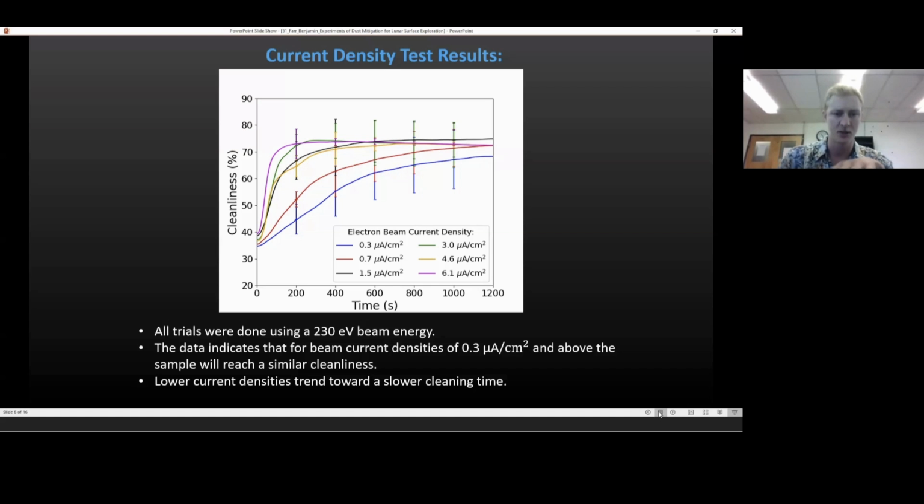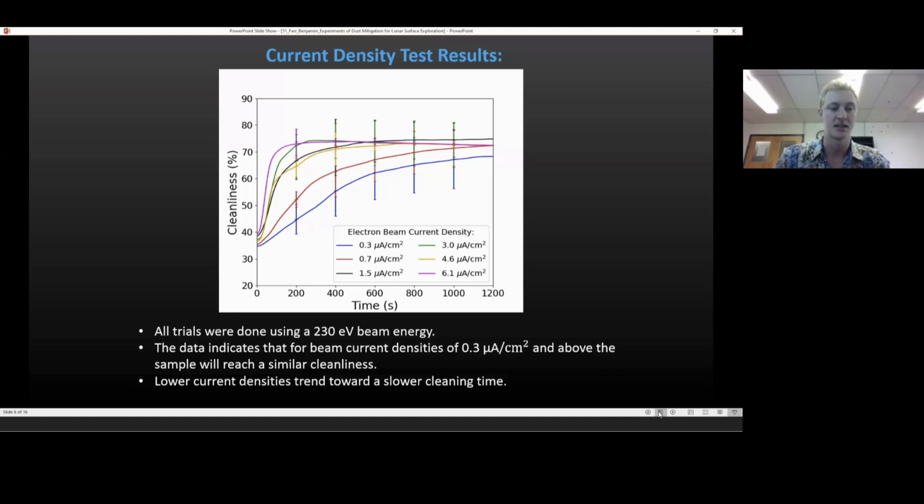This first slide shows our electron beam current density. We ran a whole bunch of tests, all at 230 electron volts, with current densities from 0.3 microamps per centimeter squared up to 6.1. We found that for 0.3, we get a little less cleaning than the others, but everything above that gives about the same final cleanliness.